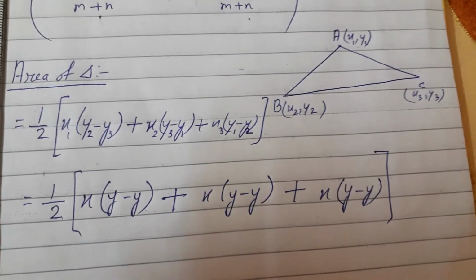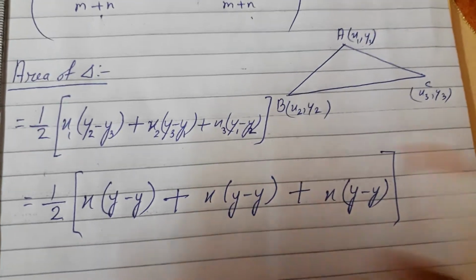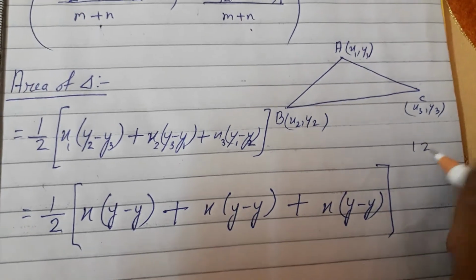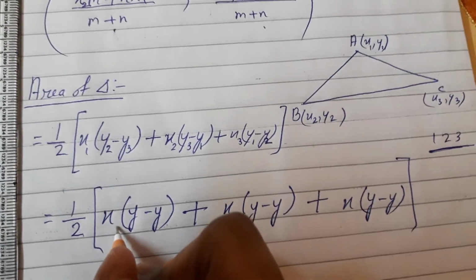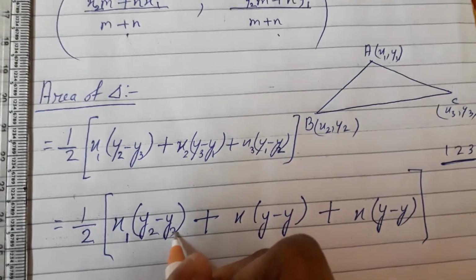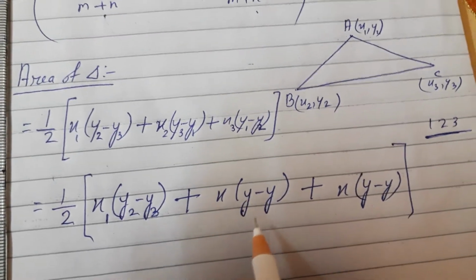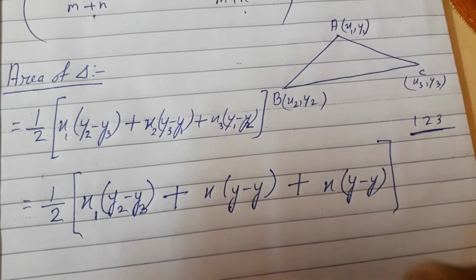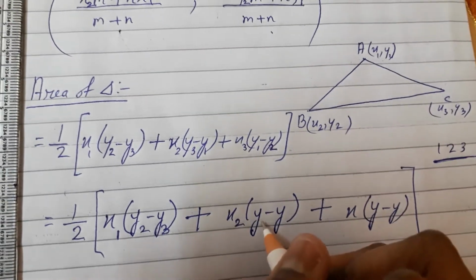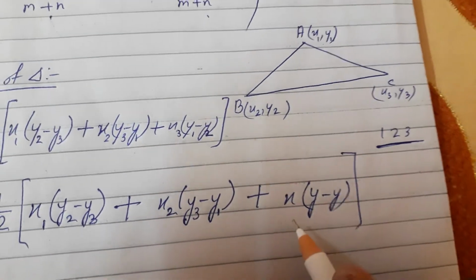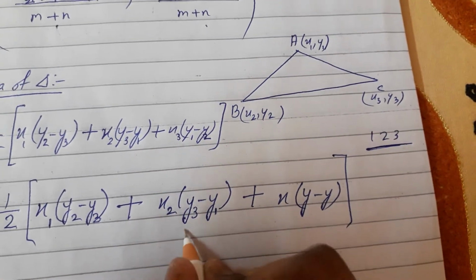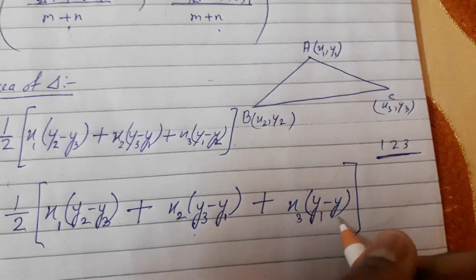Now you have to only rotate the numbers, that is, suppose 1, 2, 3, the first three numbers you have to rotate. So here you write 1, 2, 3. Okay, in the second case you have to start from 2, that is 2, 3, 1. The sequence will be same. Okay, now in the third case you have to start from 3, that is 3, 1, 2.